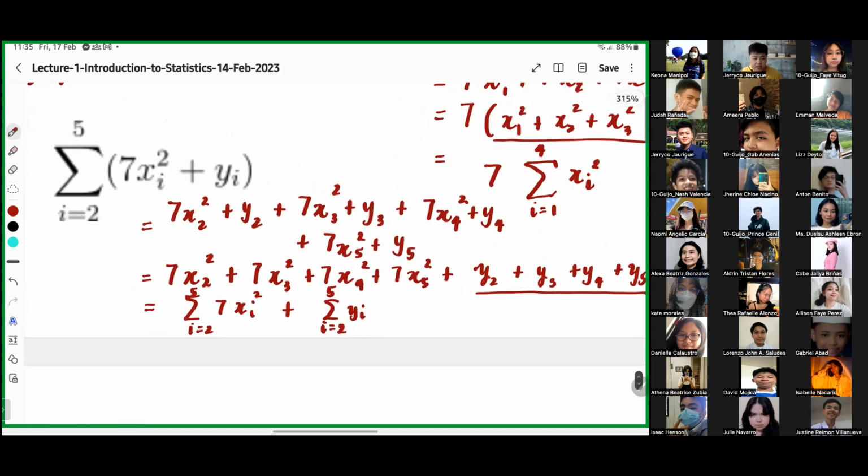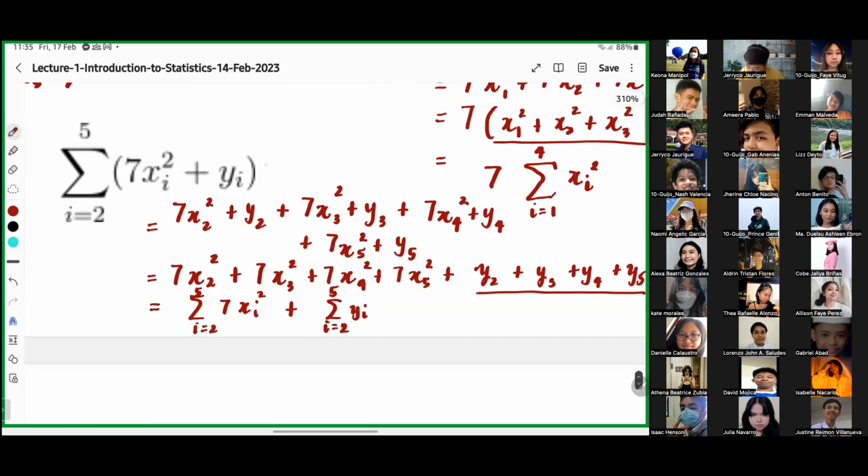So, ang sinasuggest nitong nangyari sa atin ay pwede mo daw i-distribute yung summation notation over the terms of your ano bang tawag dyan?